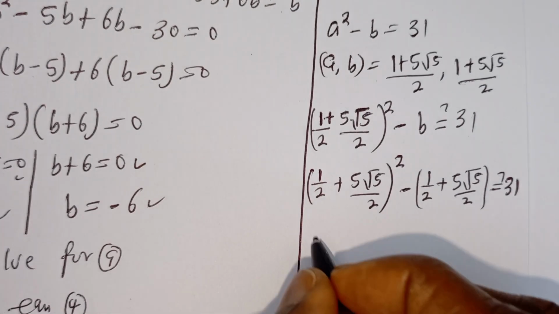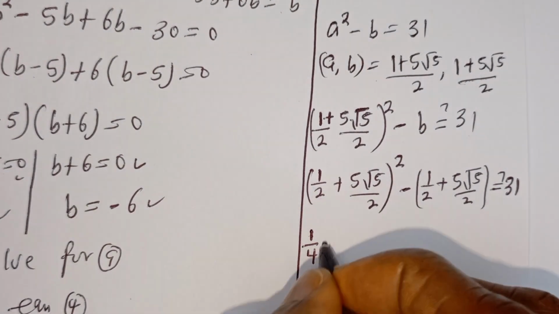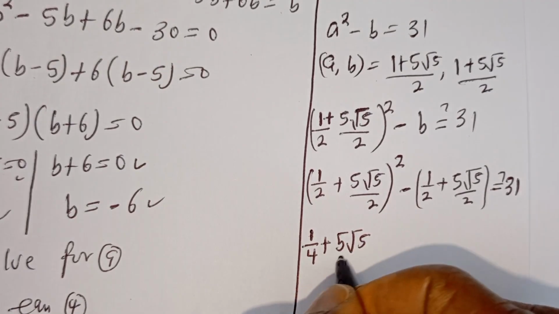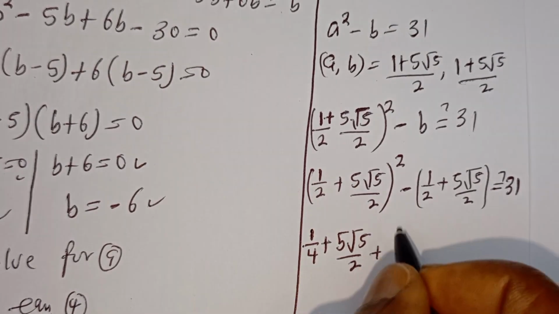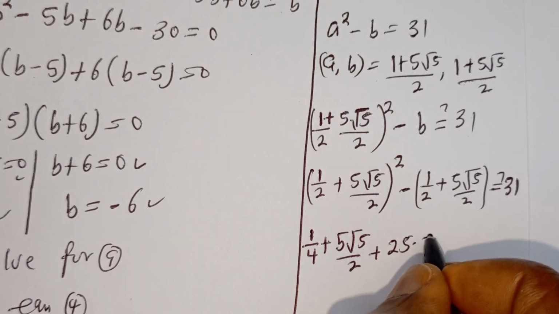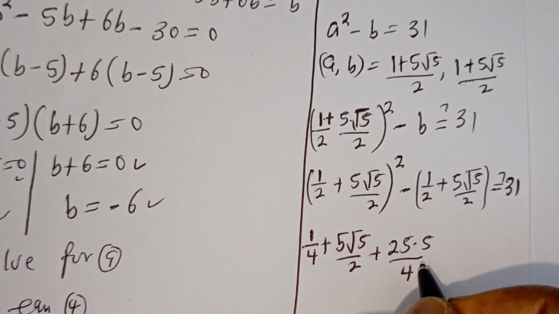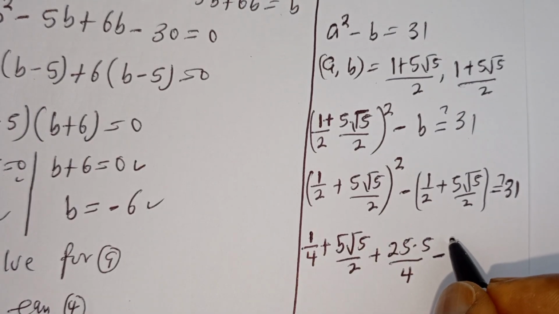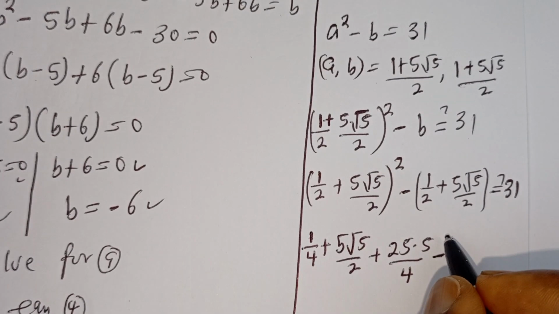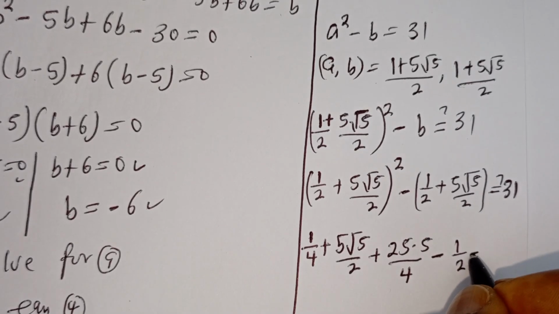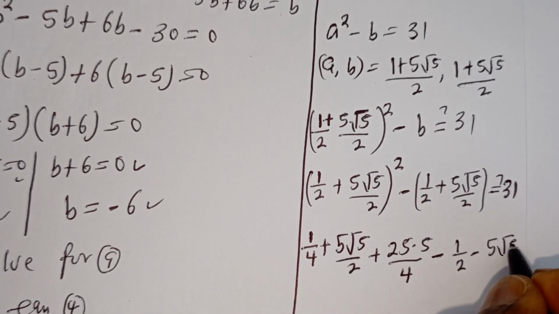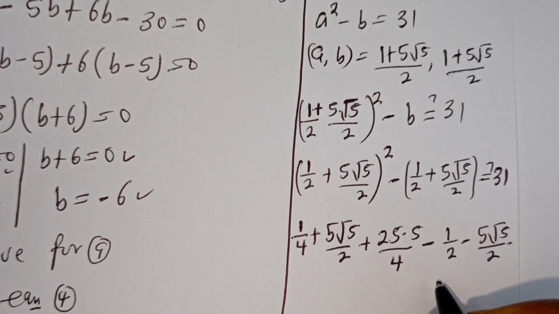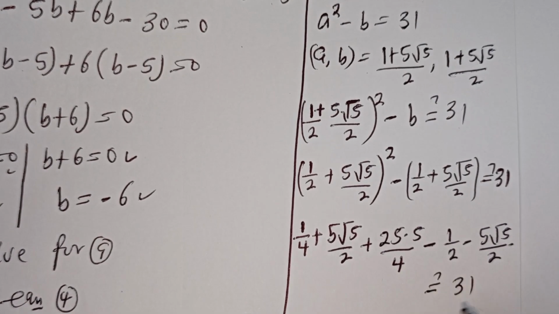Here is 1 over 4 plus 5 root 5 over 2 plus 25 multiplied by 5 over 4, then minus 1 over 2 minus 5 root 5 over 2 must be equal to 31.